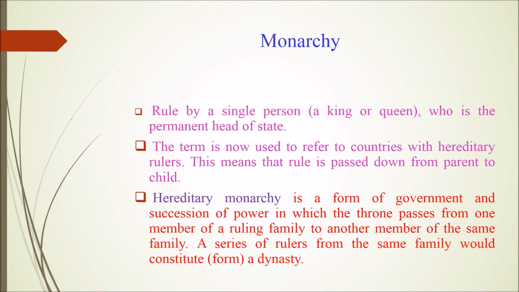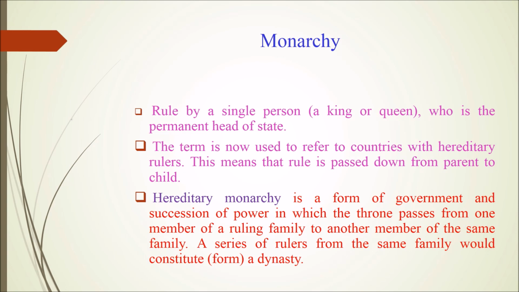First, we are going to learn about monarchy. What is meant by monarchy? Ruled by a single person, a king or queen, who is the permanent head of state. The term is now used to refer to countries with hereditary rulers. This means that rule is passed down from parent to child.